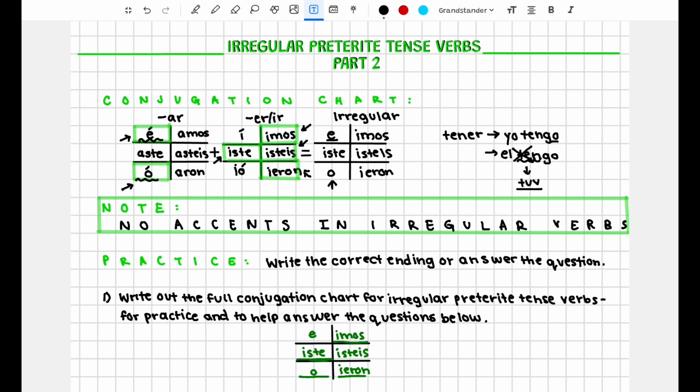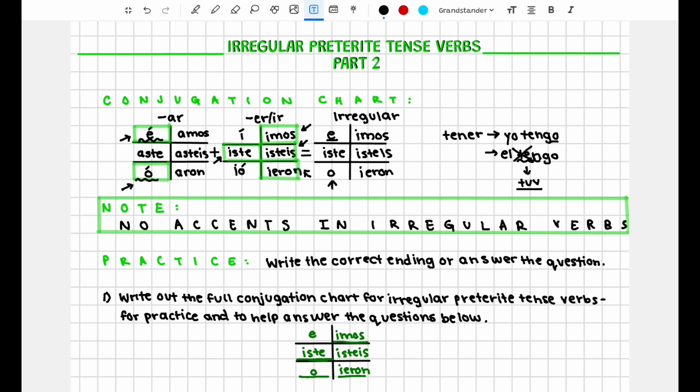So let's get started. In the last video, we talked about the formula for irregular preterite tense verbs, for most of the verbs that we talk about when we talk about irregular ones. We talked about the ending and how to combine the AR chart and the ER-IR chart, which aspects to take from either chart to come up with a brand new chart for irregular preterite tense verbs, or at least the ones that follow that chart, which is: iste, o, imos, isteis, ieron.